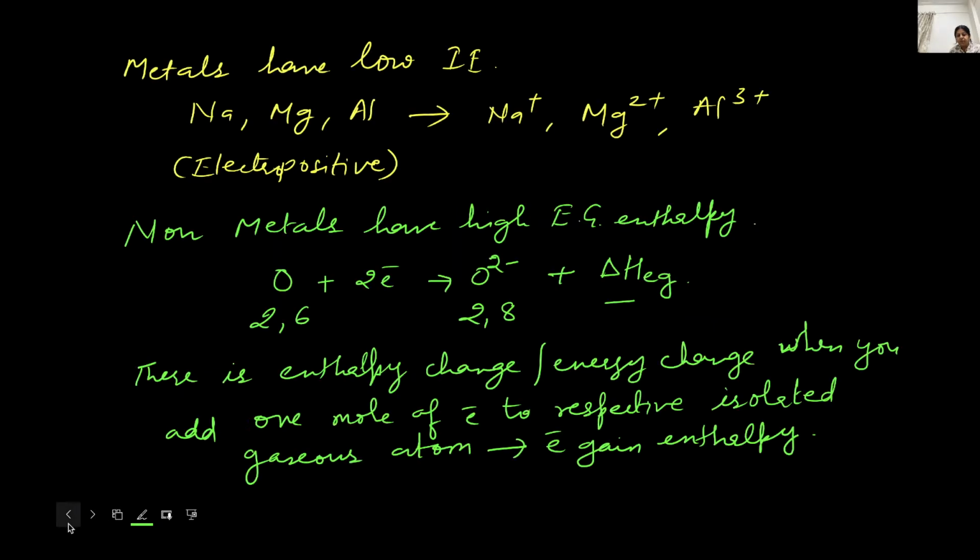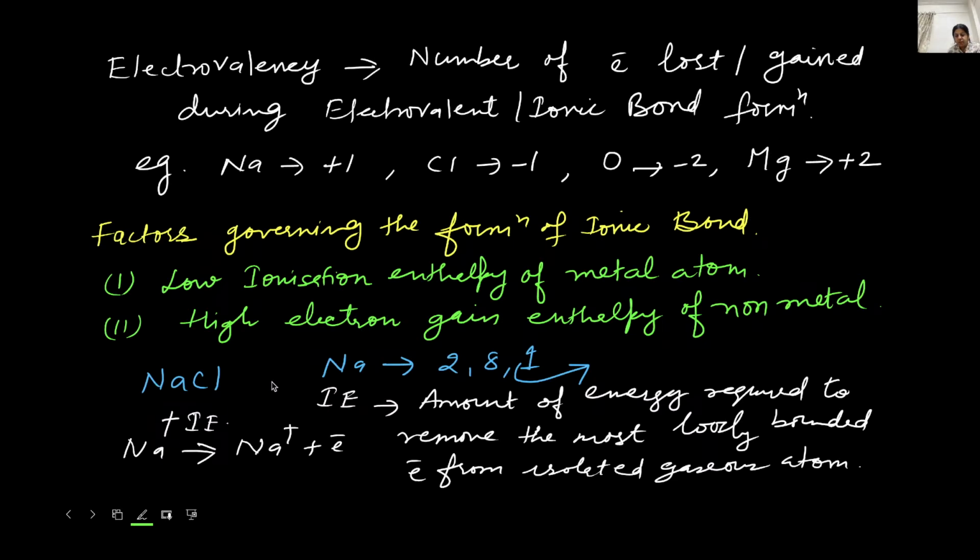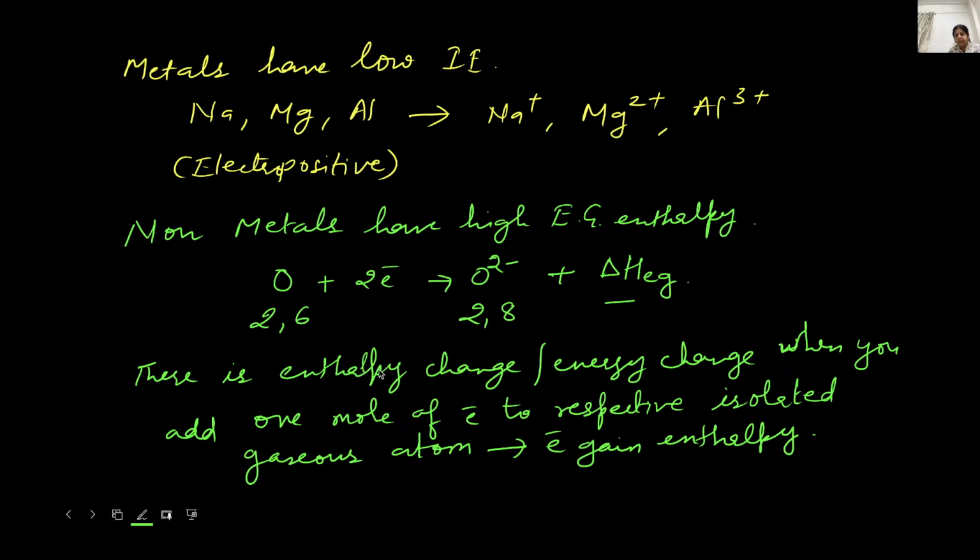So here, in the example of sodium chloride, sodium can lose 1 electron, and in this case some ionization energy will be required to remove the extra electron from the sodium atom. Similarly in case of electron gain enthalpy, students, the chlorine atom has 17 electrons.